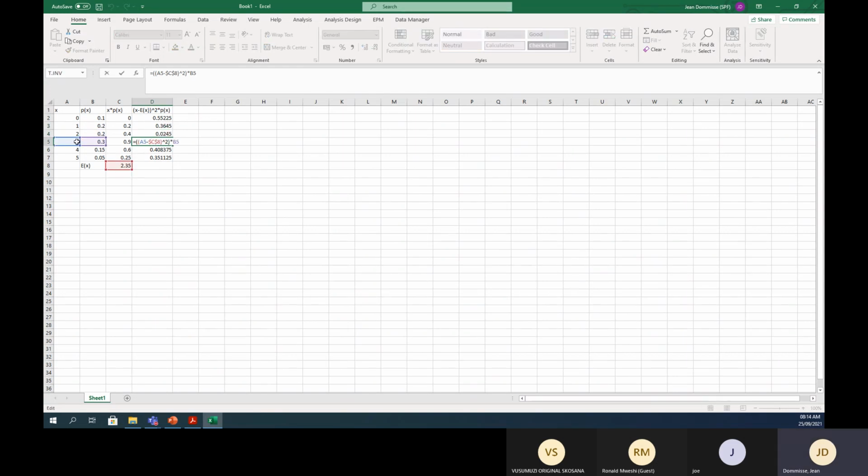I just want to make sure that all the formulas are correct in this instance. Correct. So the variance of x is the sum of those ones.